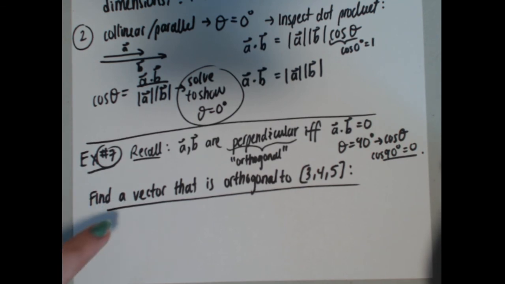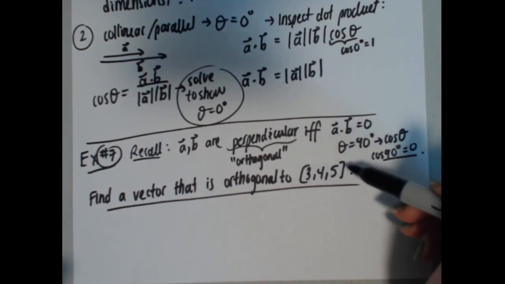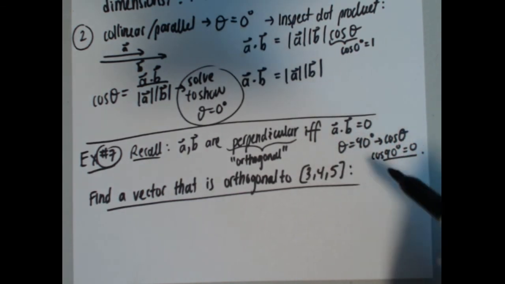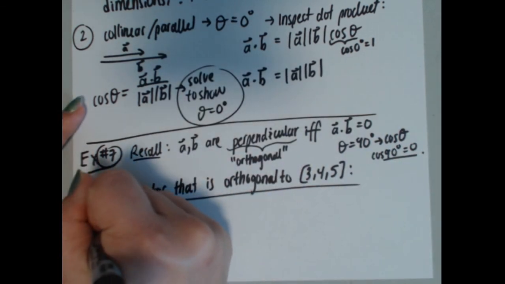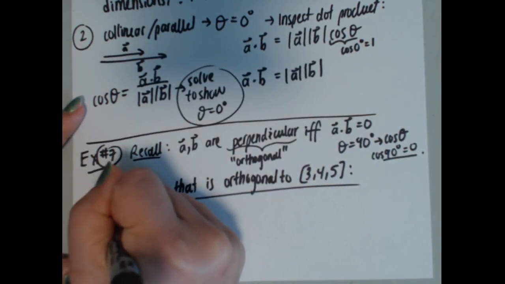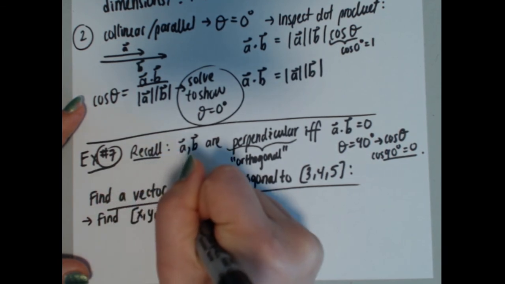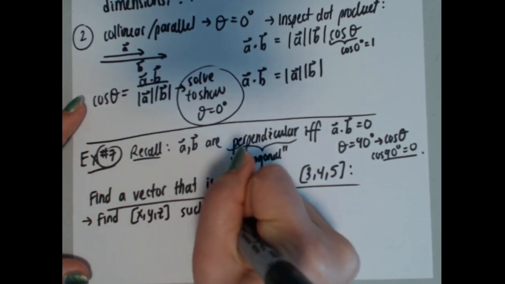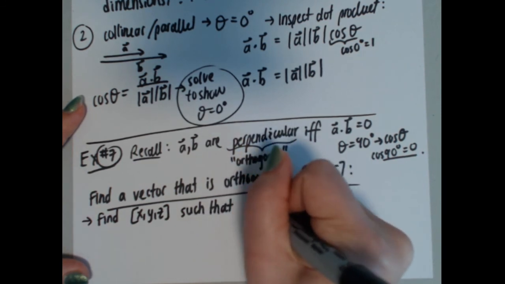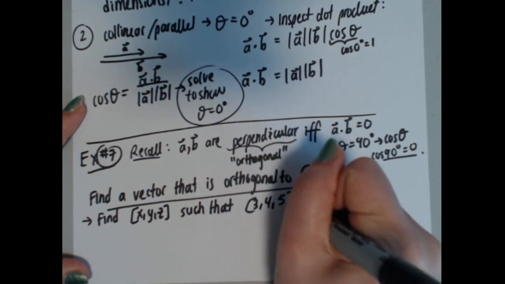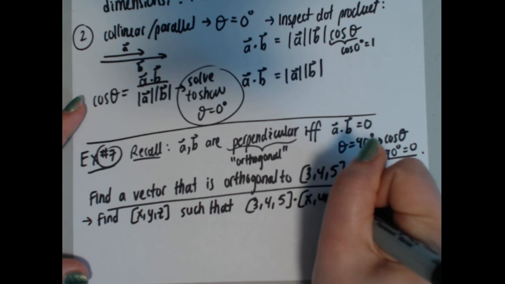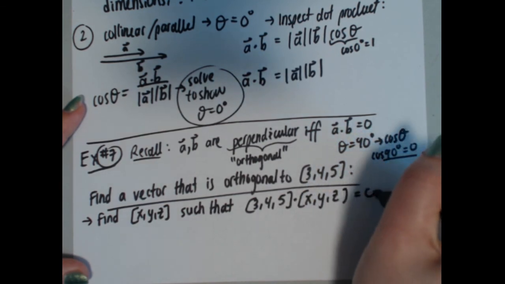And if you can really understand this visually and geometrically in your head, there are an infinite number of vectors perpendicular to this. Okay? So this means I have to find a vector (x, y, z) such that their dot product is 0, such that (3, 4, 5) dotted with (x, y, z) equals 0.